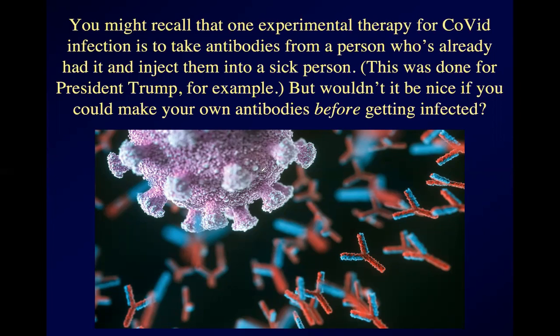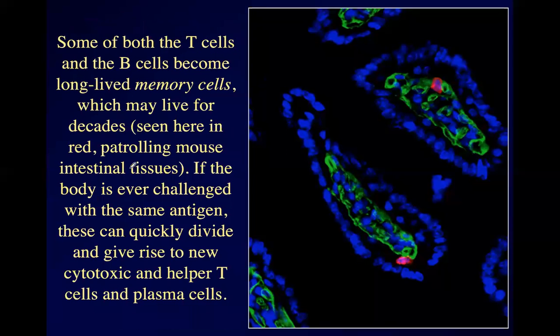So that does work. But wouldn't it be great if you could make your own antibodies instead of having to get them injected into you before you even got infected? Well, have I got a deal for you? Some of both of those T cells that we talked about earlier and your B cells become memory cells.